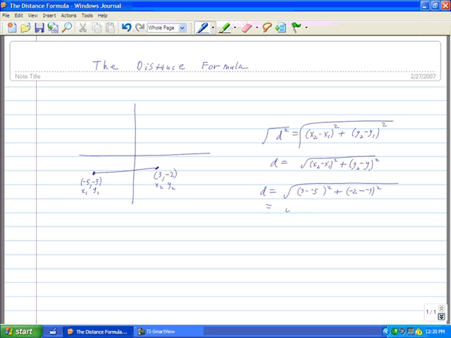Remember that minus a negative becomes plus a positive, so this is 3 plus 5 squared plus -2 plus 3 squared, which is the square root of 8 squared plus 1 squared.